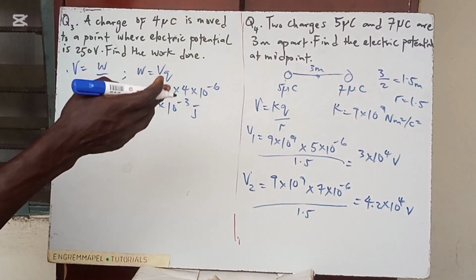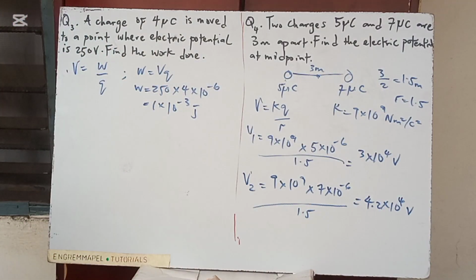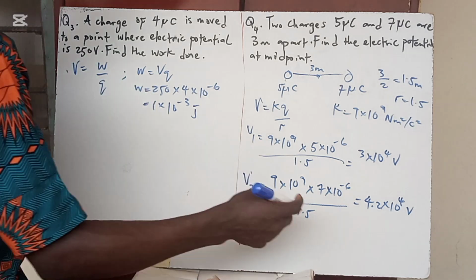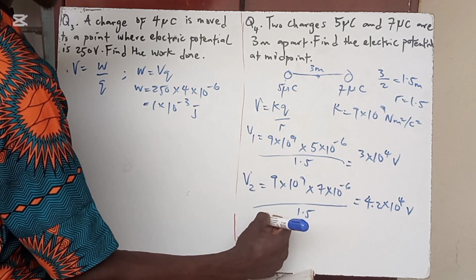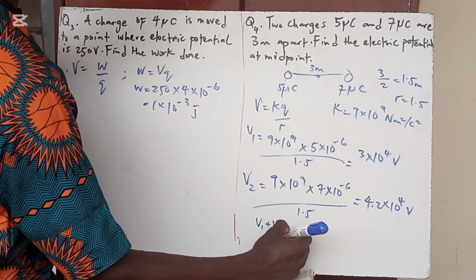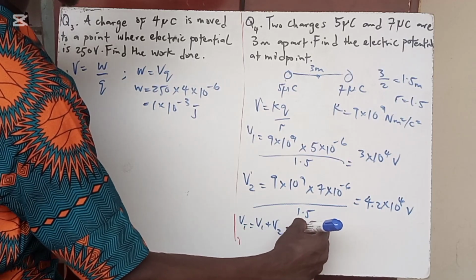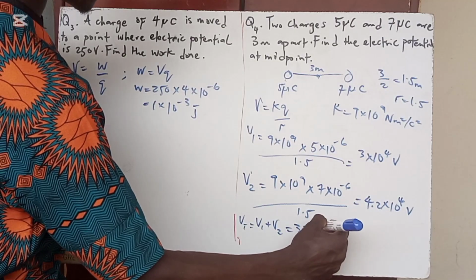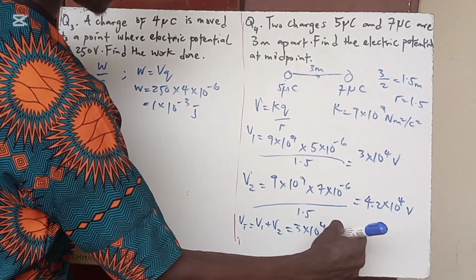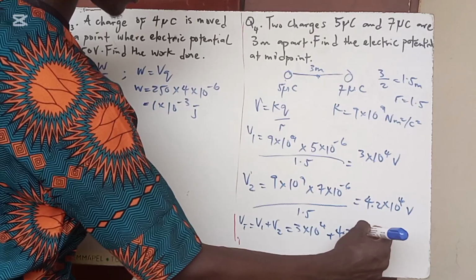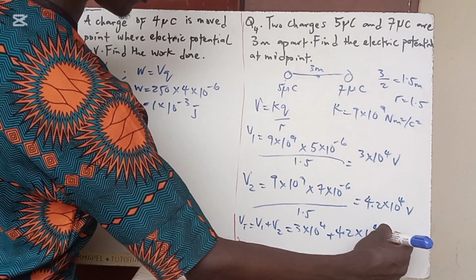Now we will look for the total. The total is going to be the sum of the two. So V1 plus V2, the total. That will be 3 times 10 raised to power 4 plus 4.2 times 10 raised to power 4.